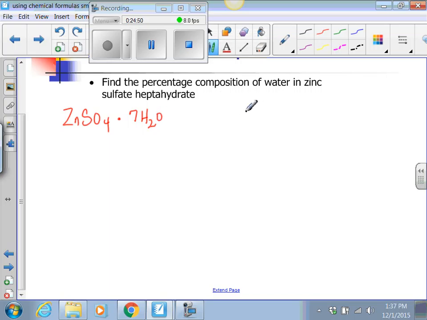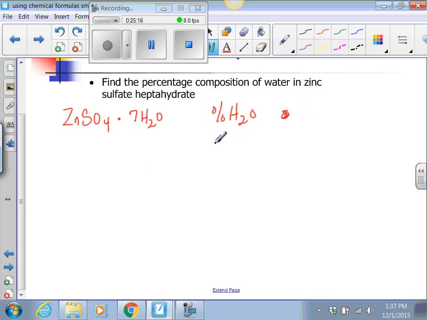Okay, so formula for a hydrate, which we've covered, but we haven't seen in a few days since we had our break. Zinc sulfate. Zinc is positive 2, sulfate's negative 2, so ZnSO4. And then heptahydrate we write with a .7H2O. So what we're interested in, the part we're interested in, is percent H2O.